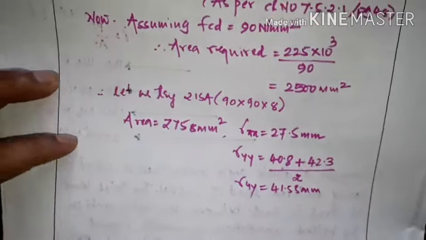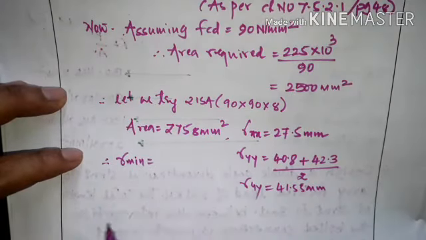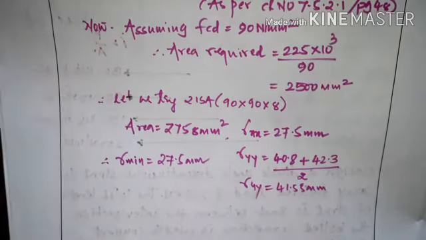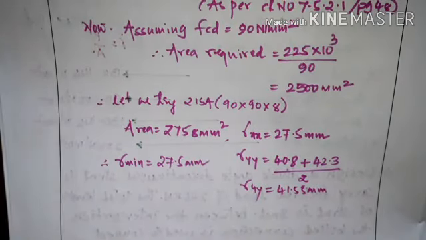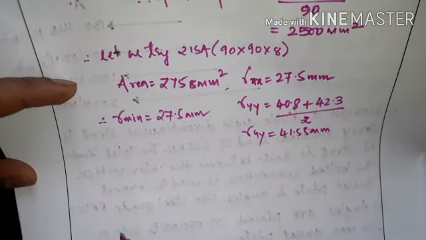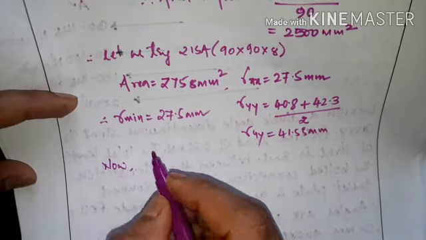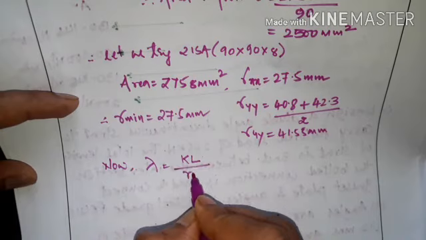Therefore R minimum is equal to the least of RXX and RYY. So we will get it as 27.5 mm. R minimum is equal to 27.5 mm. Understood? Now slenderness ratio lambda is equal to KL by R minimum.